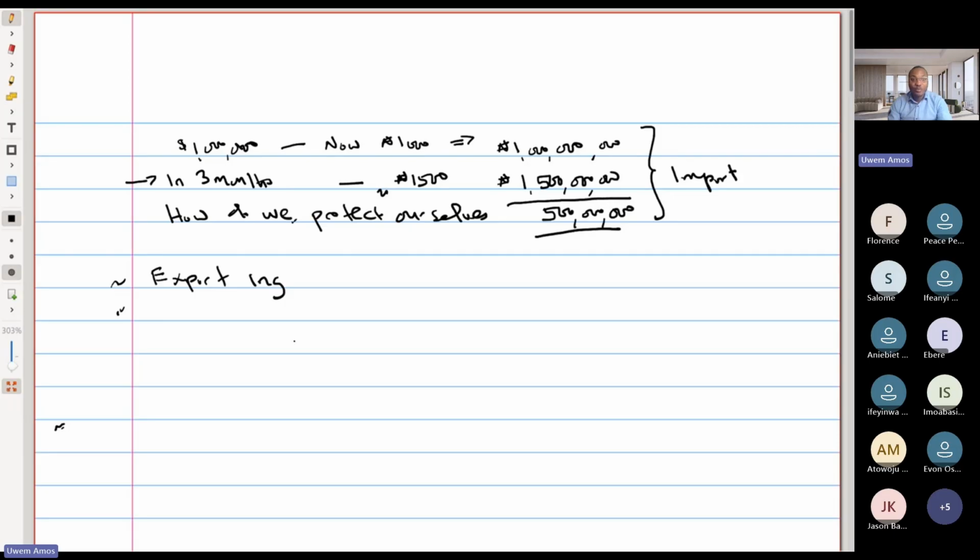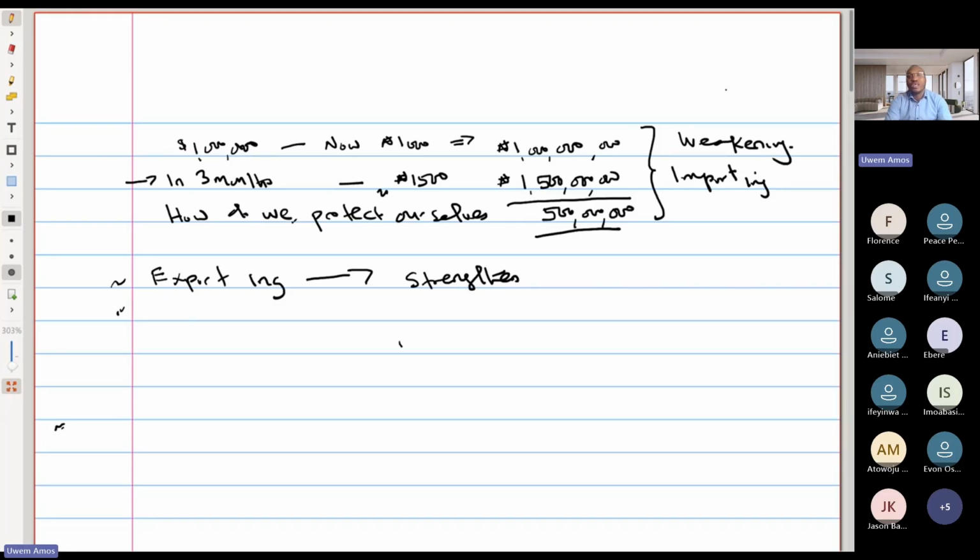For those who are importing, they are concerned that their currency will weaken. For those who are exporting, they are concerned that their currency will strengthen against the foreign currency. So what do we mean by that?